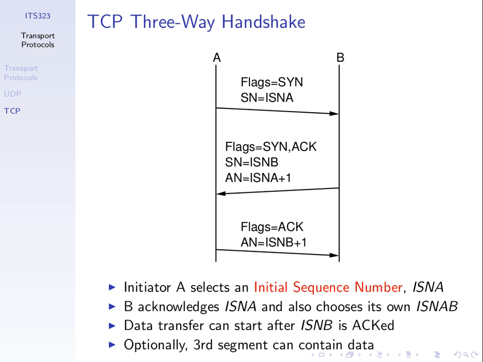In practice, it's normally a number that's larger than what was used in a previous connection. But I've just chosen here some random number, 316. It's a 32-bit number. It's chosen by A. That's the first sequence number it wants to start with in the connection. And it creates a TCP segment and sends it to B. And that's what I'm drawing up here.